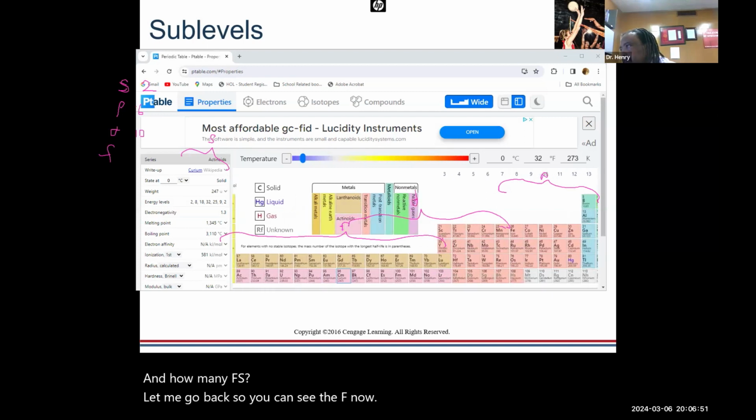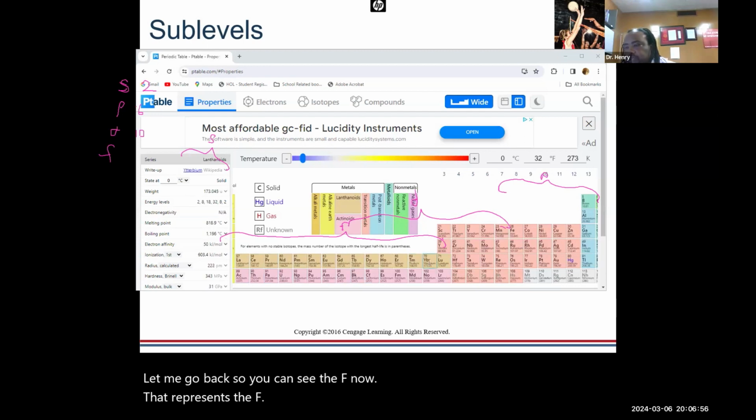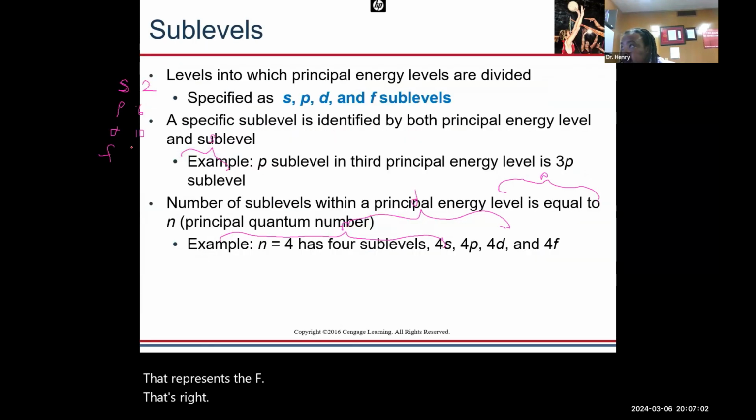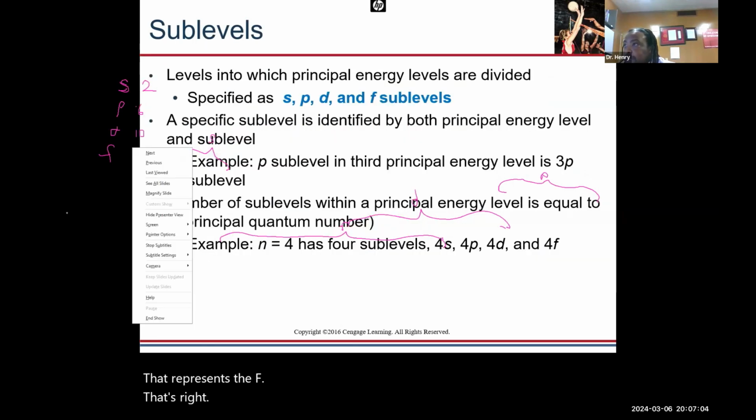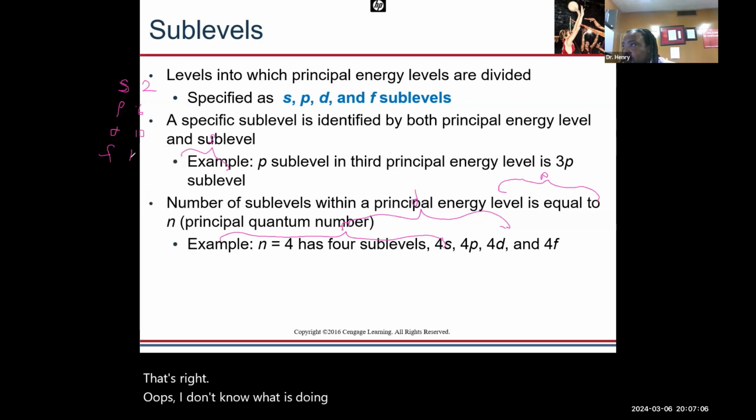That represents the F. Is it 14? That's right. Okay, so we have 14.